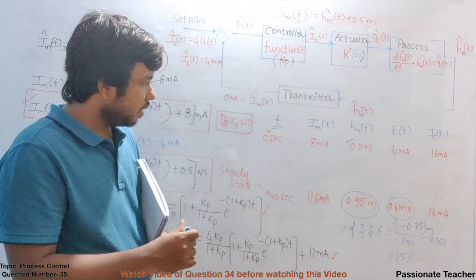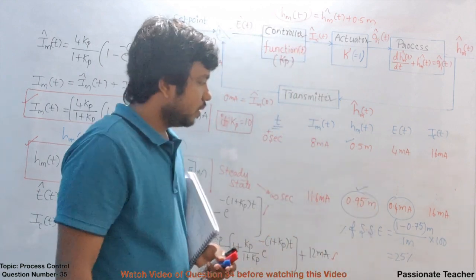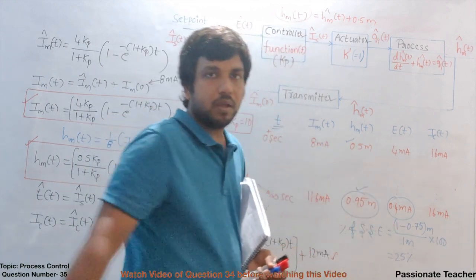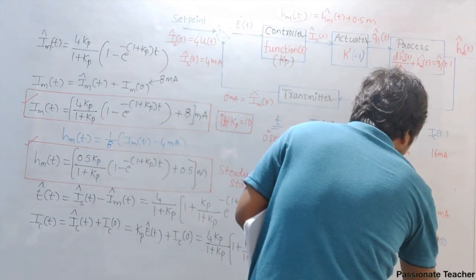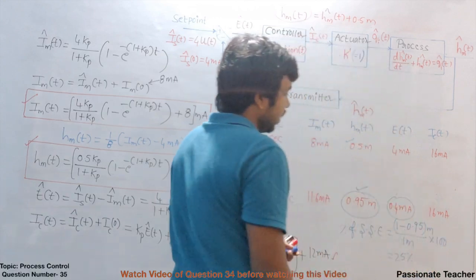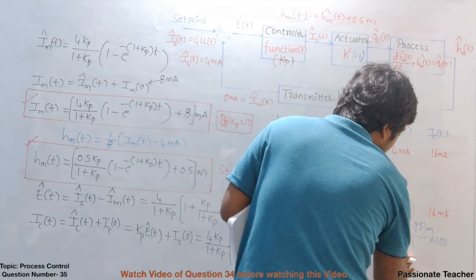At steady state, now the water level is 0.95 meter. But how much do we require? 1 meter we require. So the percentage of steady state error can look like this: 1 minus 0.95 meter by 1 meter into 100. So it will come down to be equal to 5%.